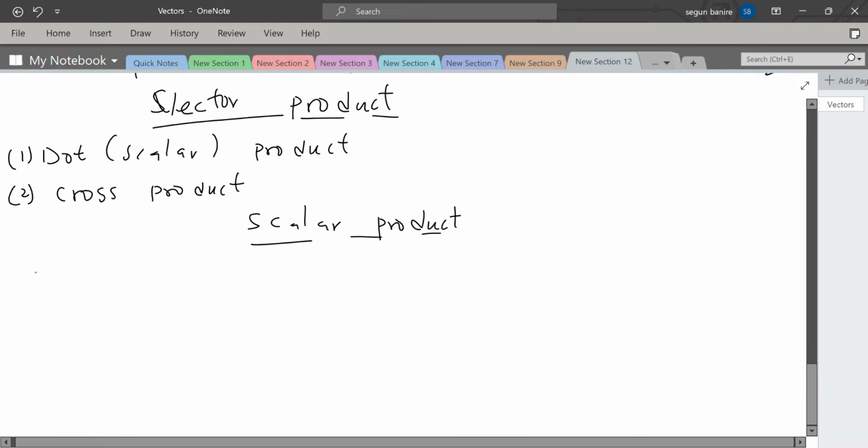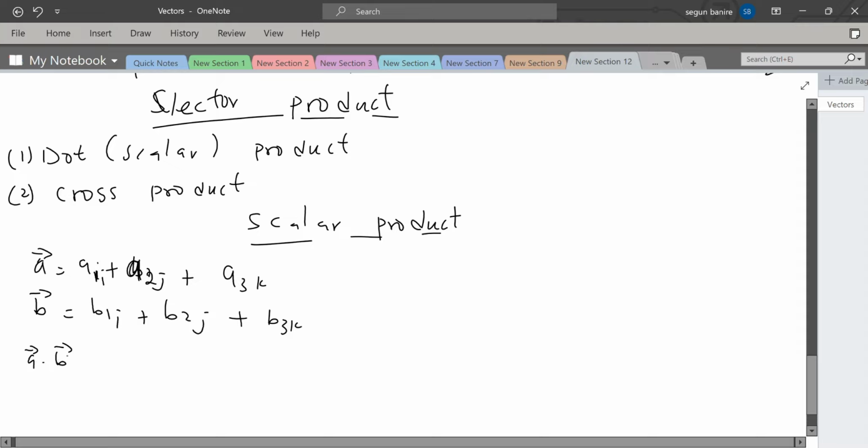So let's say we have two vectors. We have vector A to be A1i plus A2j plus A3k, and then you have B to be B1i plus B2j plus B3k. What is the dot product of the two vectors?